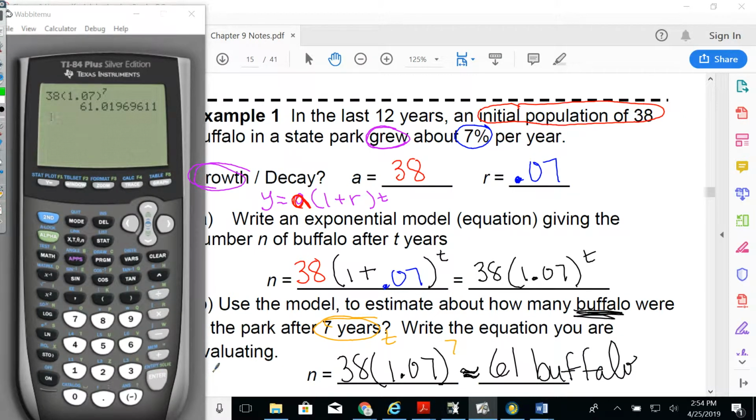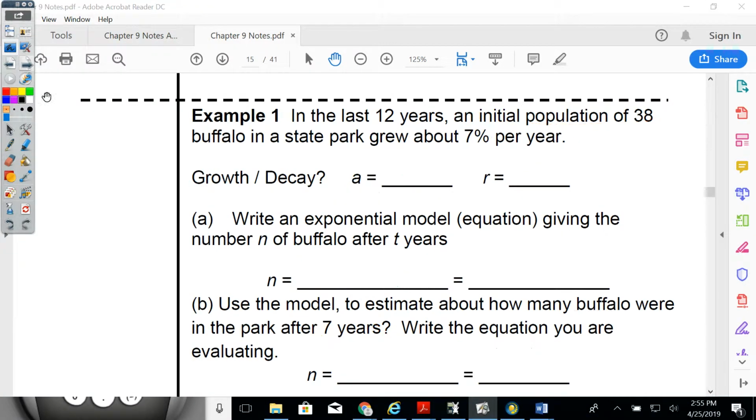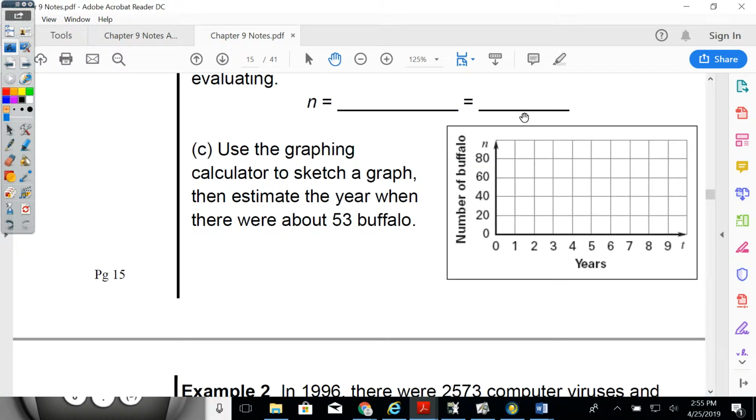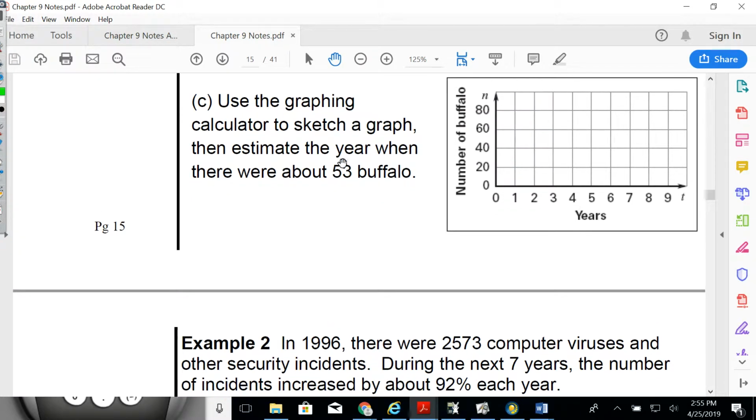Right, so y, unless it's cents, I mean, if it's money, we can round it to 2 decimal places. But when we're talking about population, we'll round it to the nearest whole number. All right, so part C, we're going to need to use our graphing calculator to sketch the graph and estimate the year when there were about 53 buffalo.